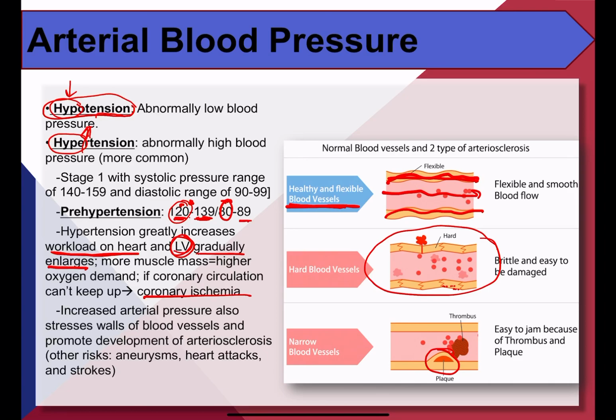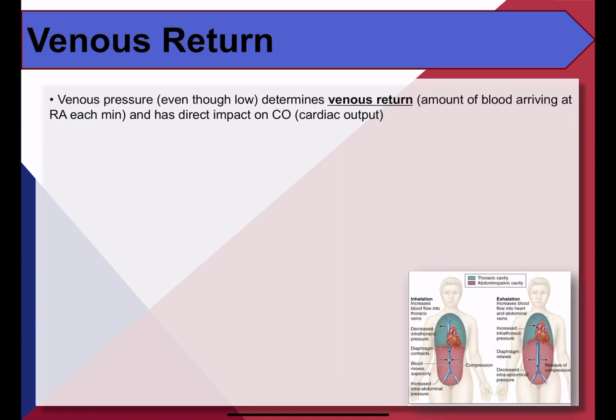In the end, prolonged hypertension will only increase the chance and likelihood of aneurysms, heart attacks, and even strokes. Not saying for sure hypertension is going to give you those, but it definitely will increase your likelihood or chances of getting those problems.